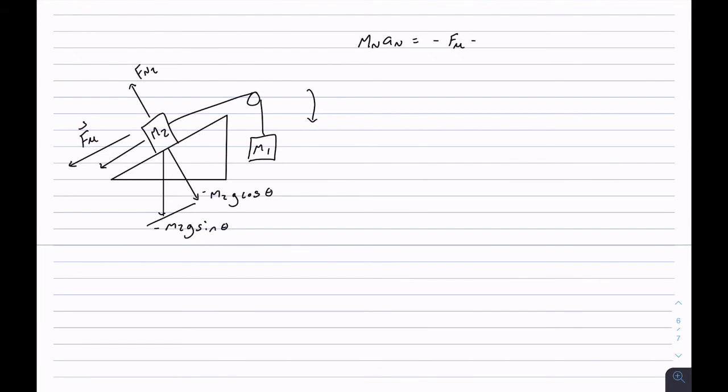Actually, what we'll use is for just the second block. So now we have a negative frictional drag force, we have a negative weight force because it's pulling down the ramp, so that's going to be FW2, and then we have plus the tension force.